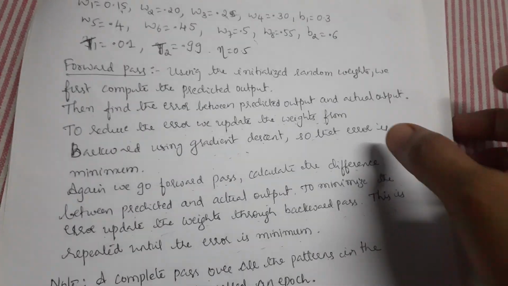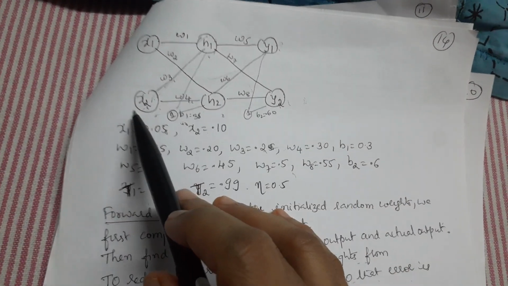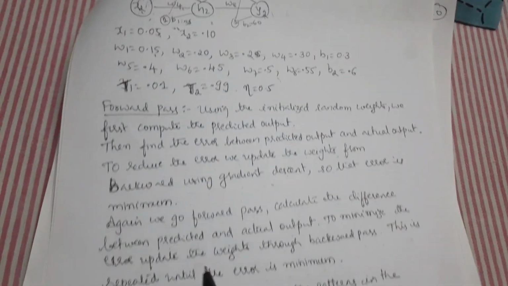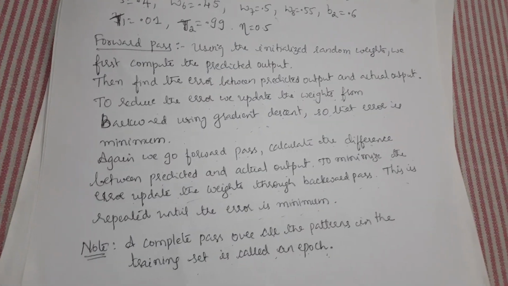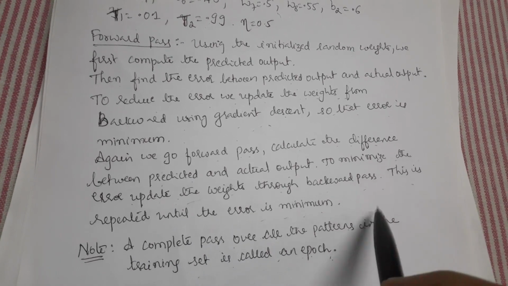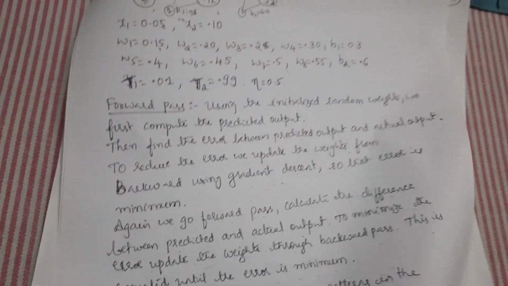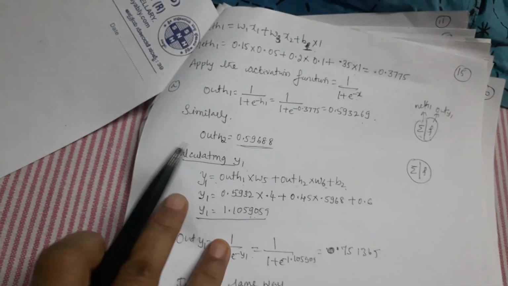I have already explained why we need backpropagation, that is the forward pass and the backward pass. Now let us solve the problem and then understand. A complete pass over all the patterns in the training set is called an epoch. Let us take an example here.